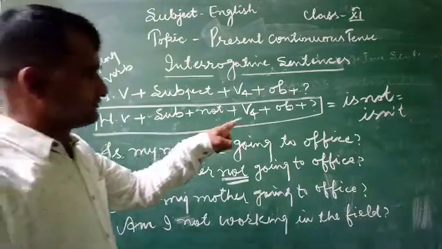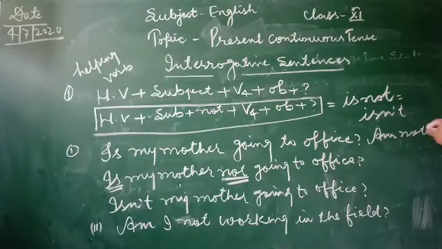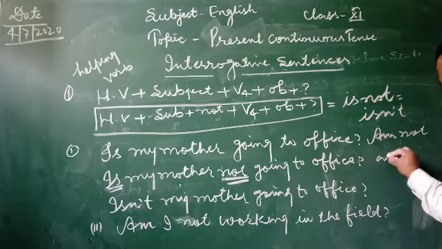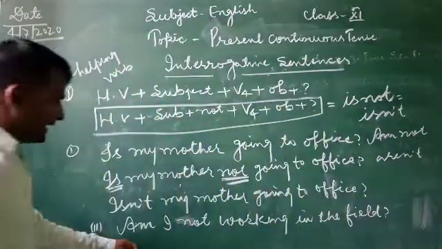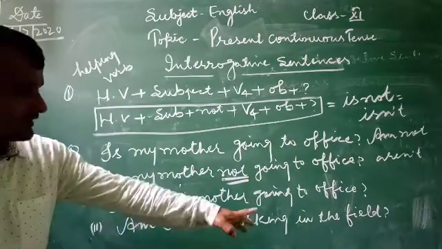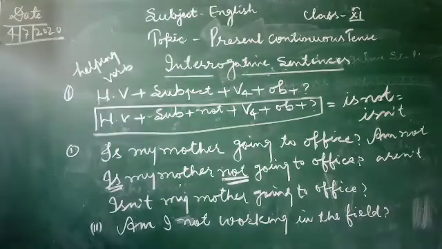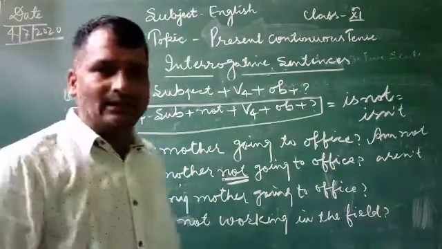I have already written on the board. Am not has the abbreviation aren't also, so you can use aren't here: aren't I working in the field. Otherwise you can use this sentence: am I not working in the field.